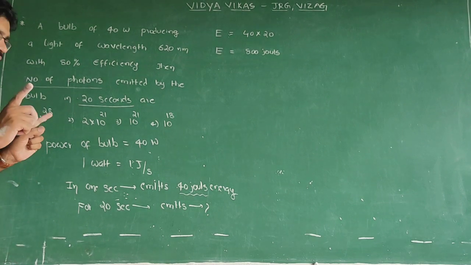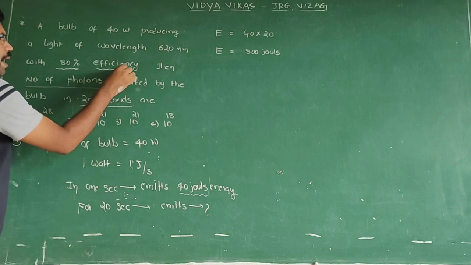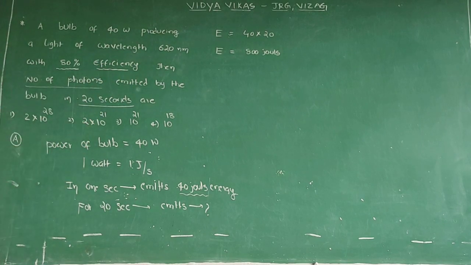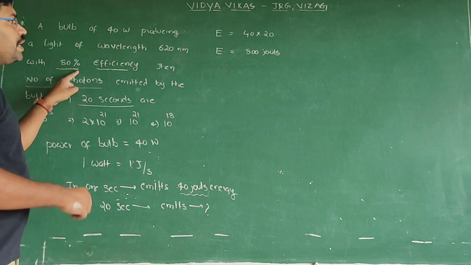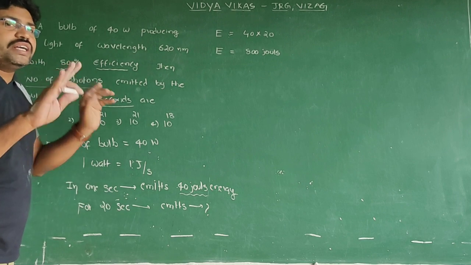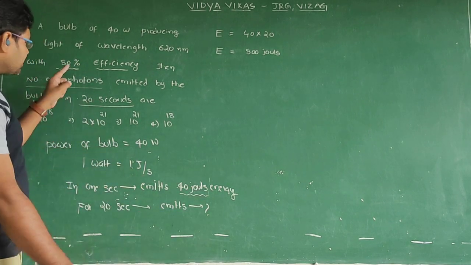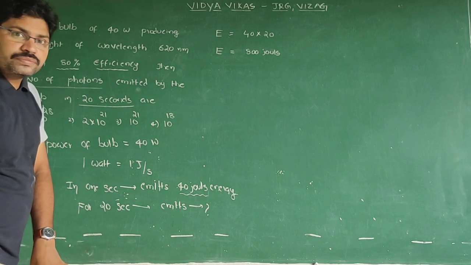But the bulb is only 80% efficient, not 100%. So 20% of the emitted light is not considered useful energy. 20% energy is wasted.